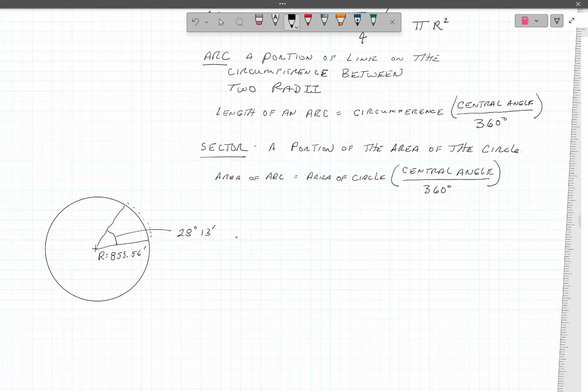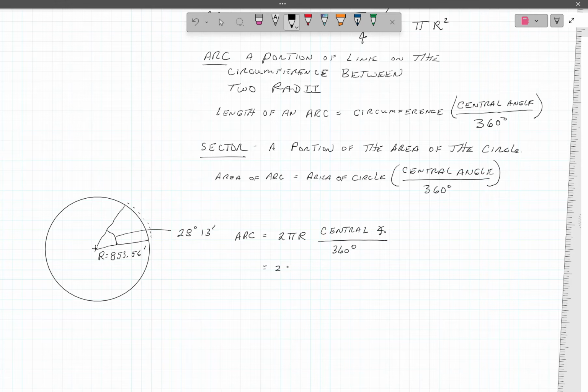Okay, so we're going to find the arc based on this 2 pi r, and we want to do the central angle. Make that an L. I'm just getting carried away because I want to use the angle symbol there, so I have to write it all out. We're over 360 degrees, and then we're going to plug numbers in.